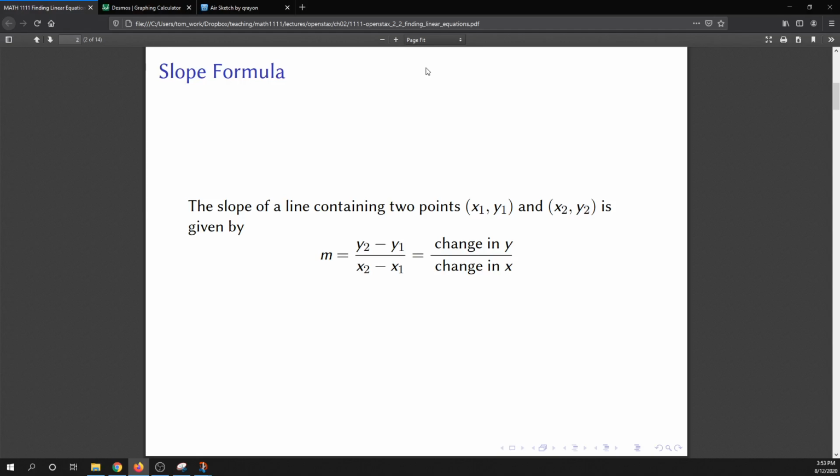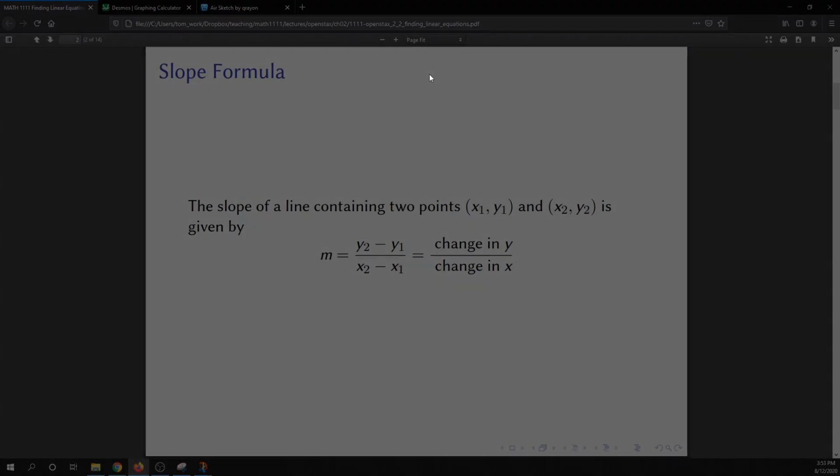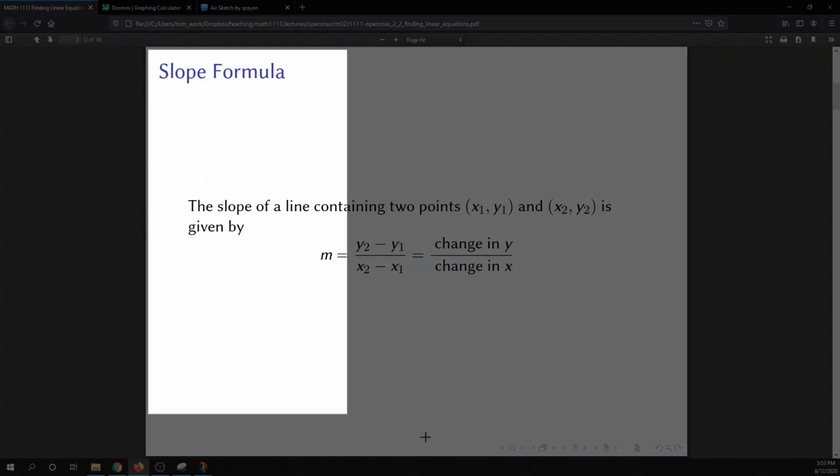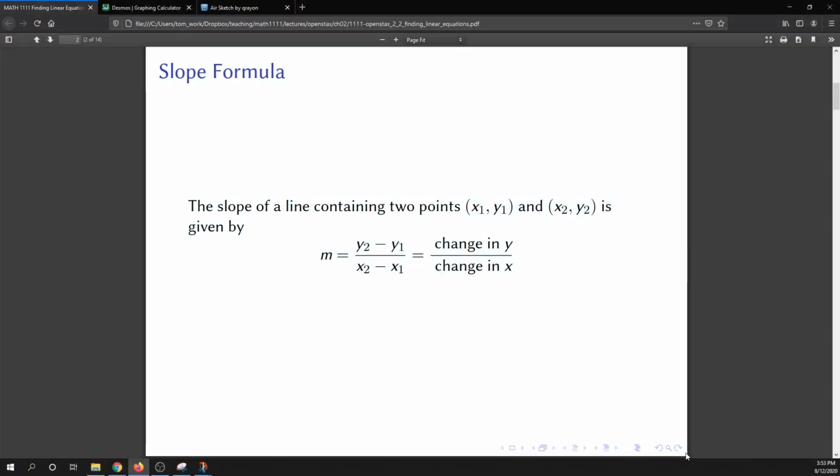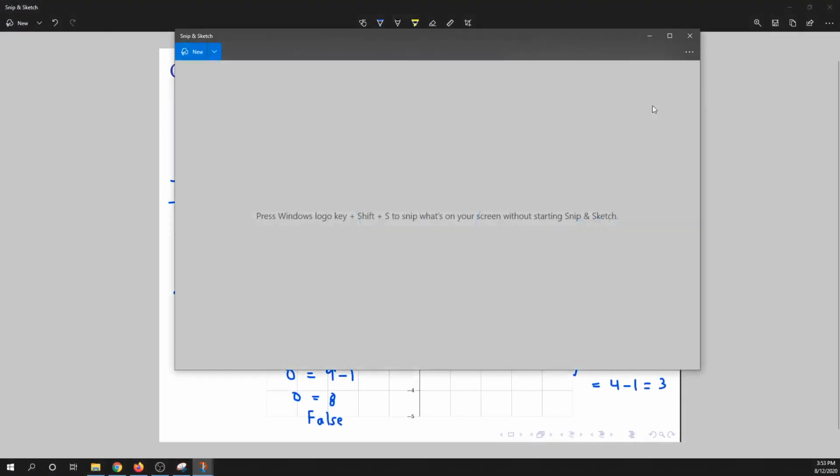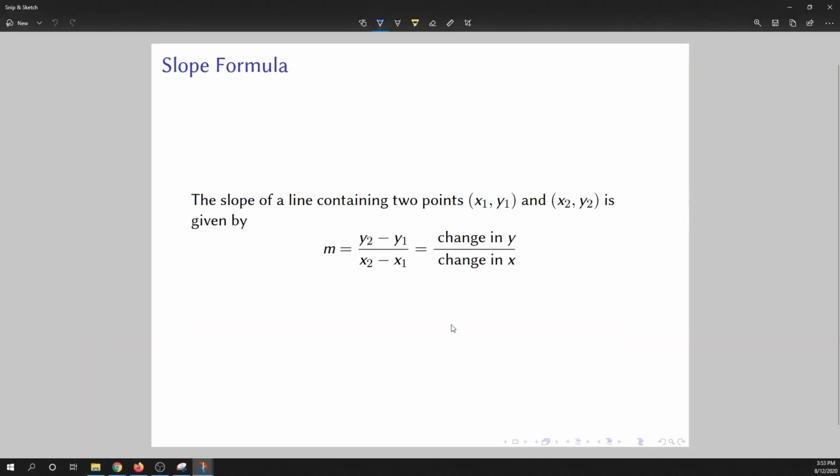So the way that looks is, if I draw this out, here is my line, and here are my points on here. So let's say this is x1, y1. And this is x2, y2.